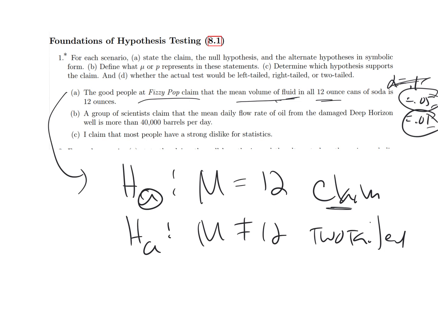Okay, so let's say I got a p-value. This company would lose a lot of money if we said that their cans are not holding the right amount.